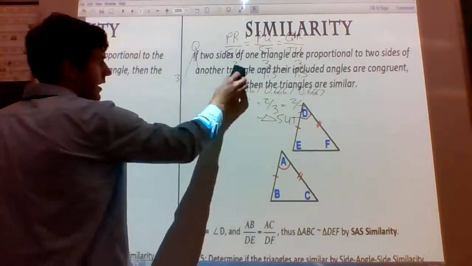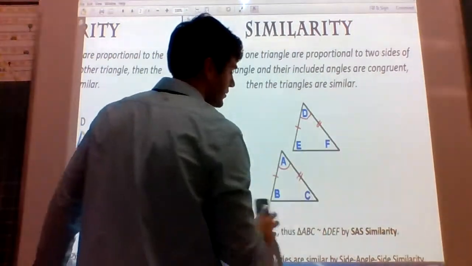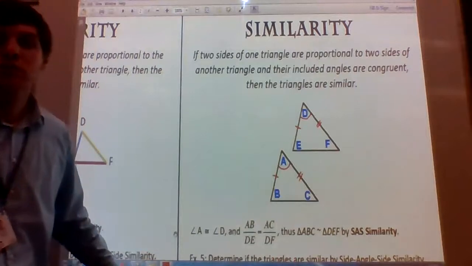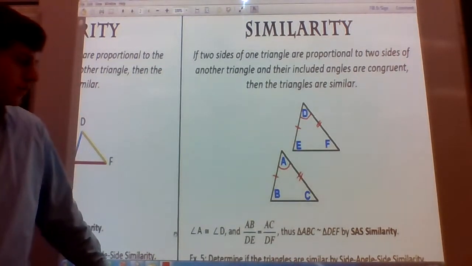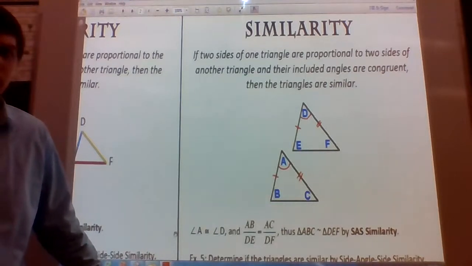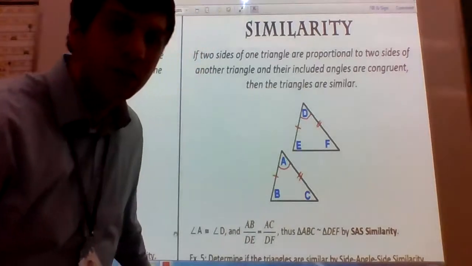And side similarity criterion tells us if we have three pairs of corresponding sides that are proportional, not congruent, but proportional, then the triangles are similar. The last one here is, what are we at? 30 minutes.